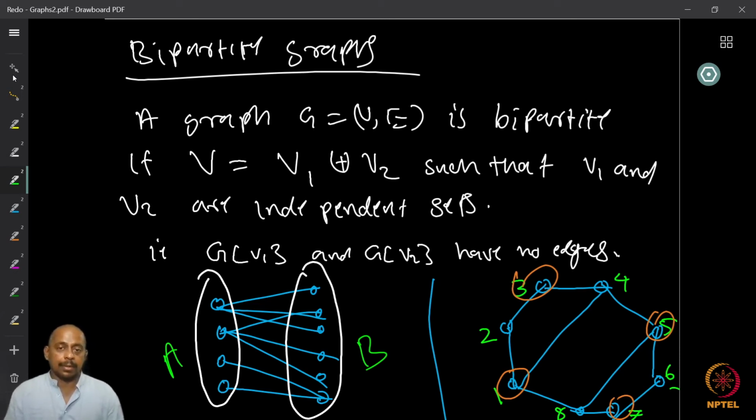In the example on the right hand side, the vertices marked in red form an independent set. There are no edges between them, and the remaining vertices form another independent set. Therefore, the graph is bipartite. You can verify that all the edges go from the red vertices to the other vertices.